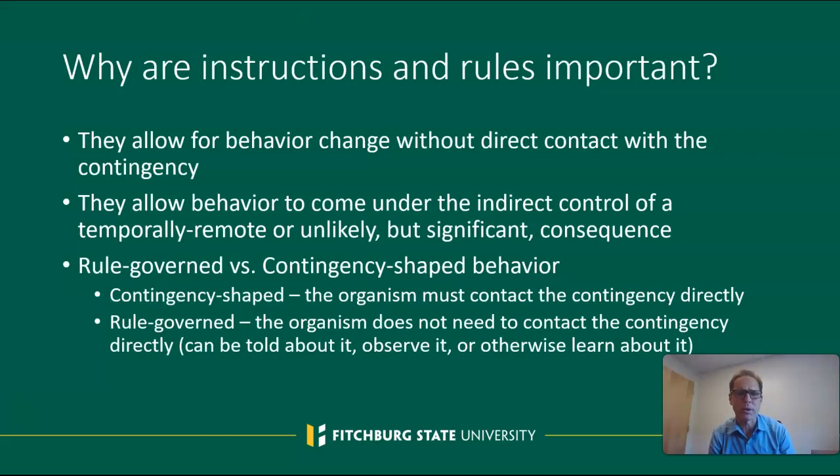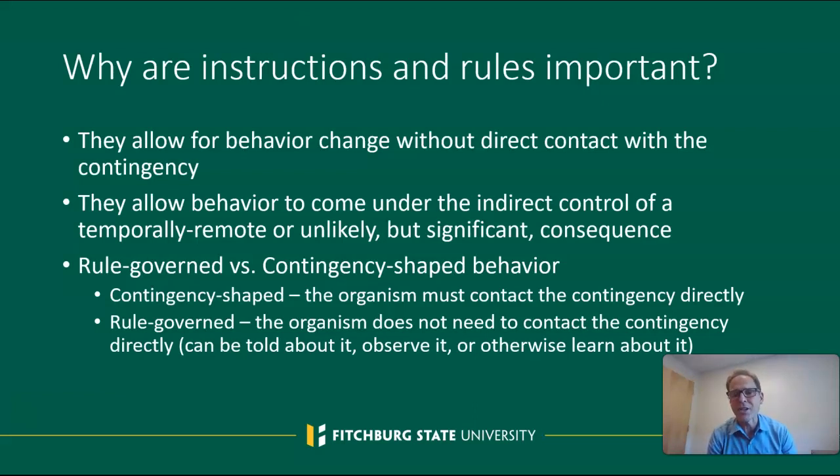Instructions and rules are important because they allow for behavior change without direct contact with the contingency. So they allow behavior to come under the indirect control of temporally remote or unlikely but significant consequences. So we have the possibility that there might be some kind of consequence that's going to occur as a result of some behavior taking place.